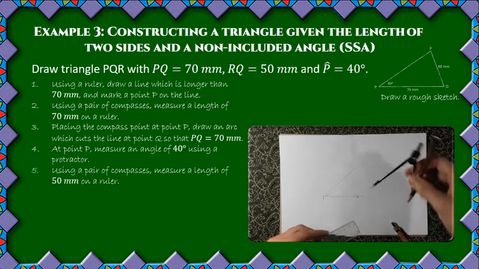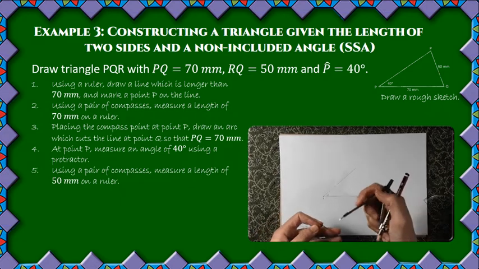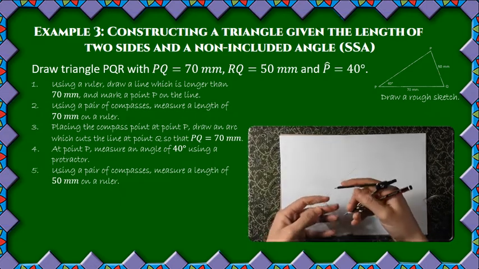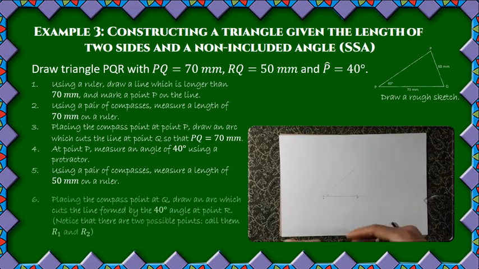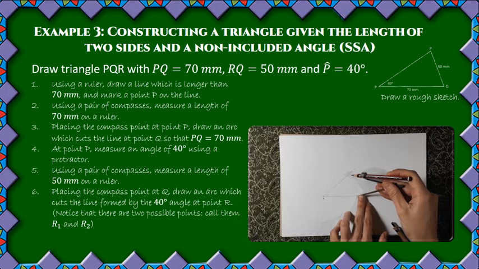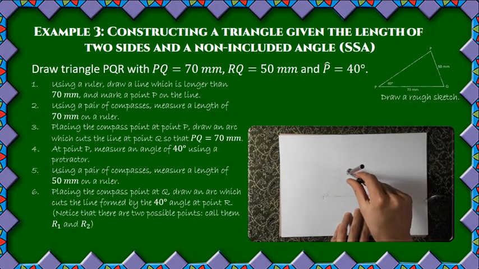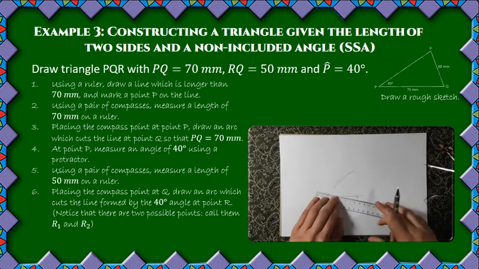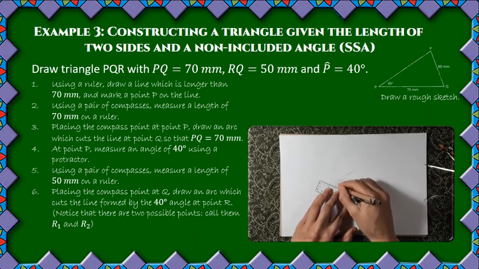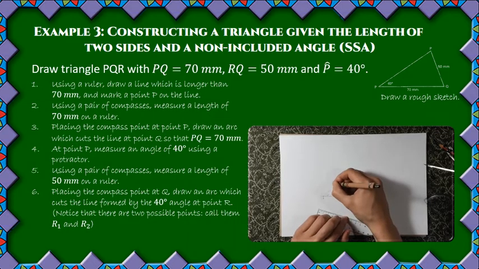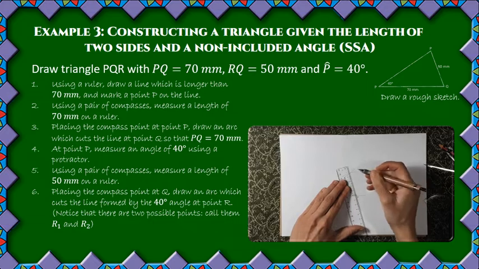Now using a pair of compasses, measure a length of 50 millimeters on a ruler. Placing the compass point at Q, draw an arc which cuts the line formed by the 40 degree angle at point R. And notice that there are two possible points, and we call them R1 and R2.